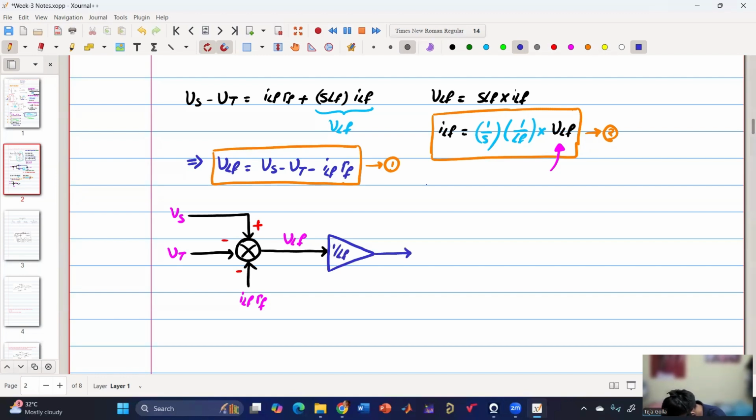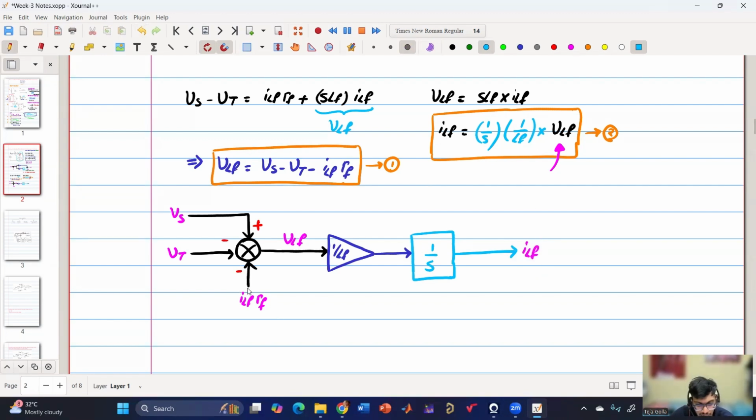And now the gain block is going to the integrator. The output of the integrator is ILF.